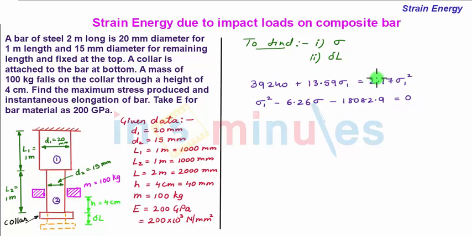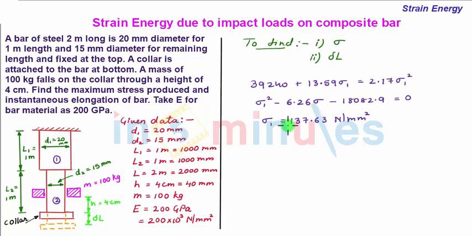This we get by dividing the whole by 2.17 and rearranging it. So we see that this is a form of a quadratic equation. So upon solving, we get the value of sigma 1 as 137.63 Newton per mm square.